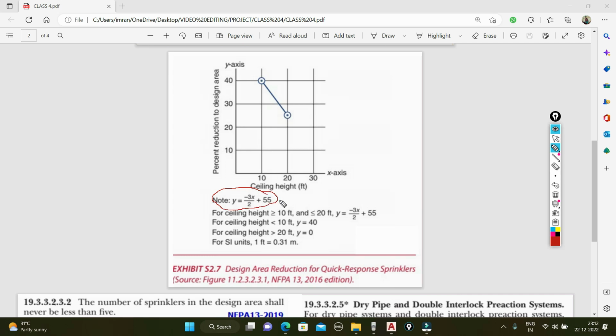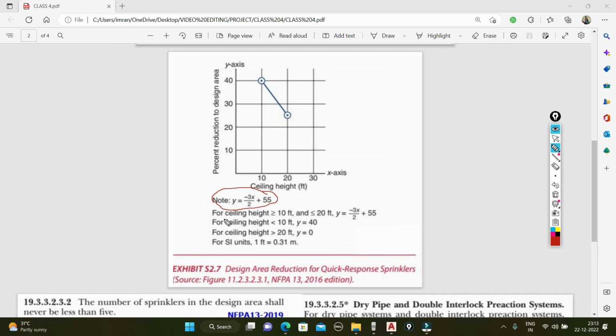What we generally do is, if it is light hazard, we consider 1500 for the area of operation, but that is wrong if we are using a quick response sprinkler. The ceiling height will also be considered in determining the area of operation.